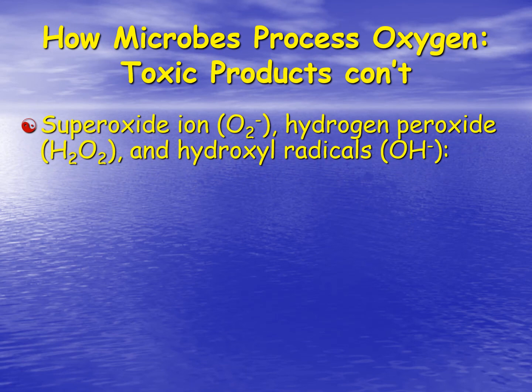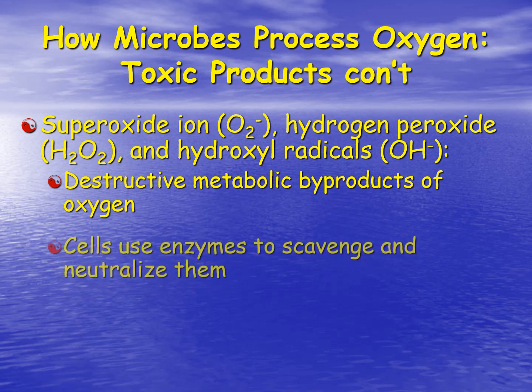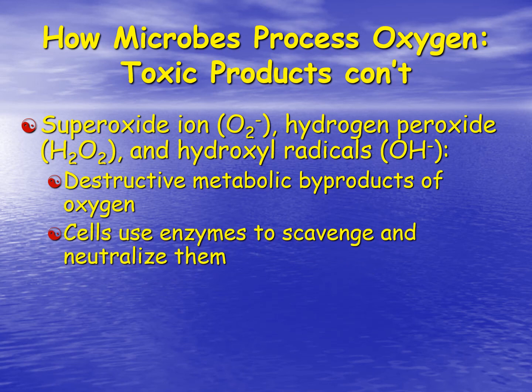Superoxide ion oxygen, which has gained an electron, or hydrogen peroxide or hydroxyl radicals. All of these also are free radicals and can be destructive metabolic byproducts when we use oxygen in metabolism. Cells use enzymes typically to scavenge these and to neutralize them, such as catalase and superoxide dismutase.